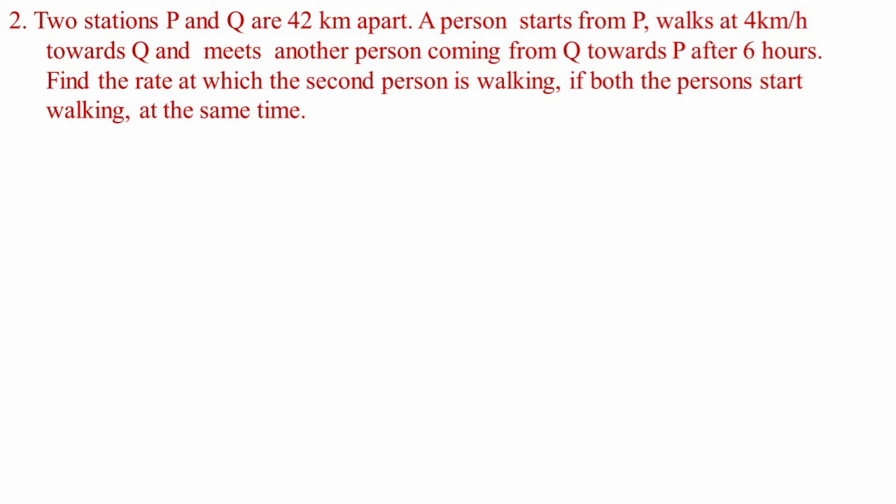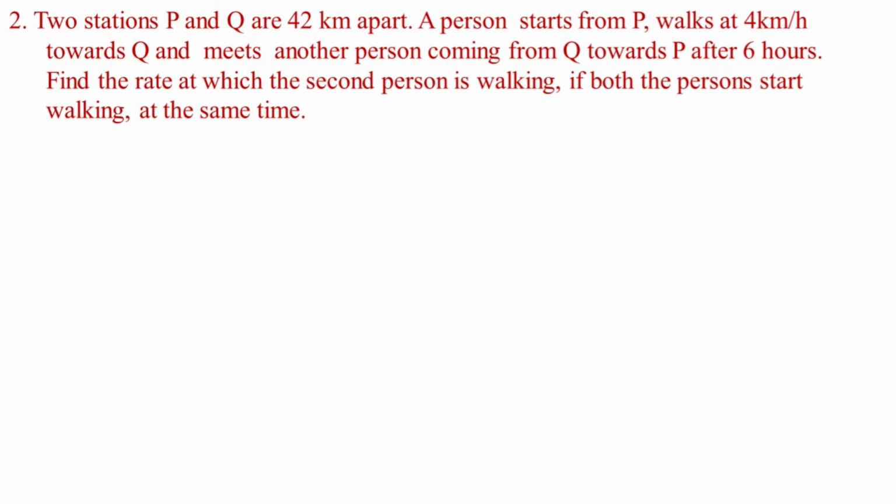Here, the two station names are P and Q. One person starts walking from P and another person from Q. The first person's speed is 4 km per hour and he meets the second person after 6 hours.